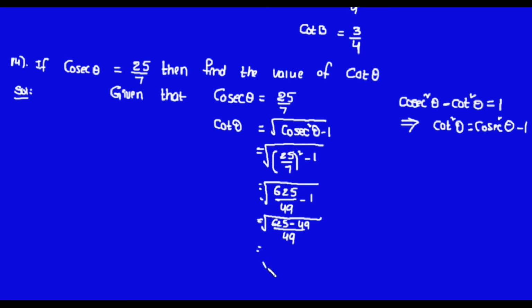After simplification, we will get square root of 576 by 49. We know that square root of 576 is 24 and square root of 49 is 7. So cot theta is equal to 24 by 7.